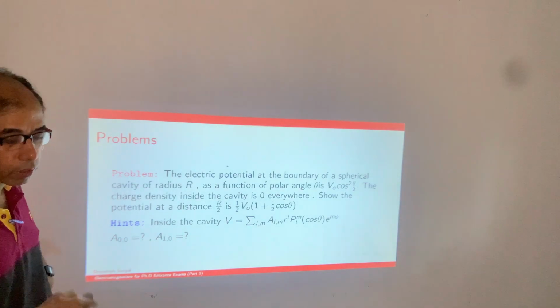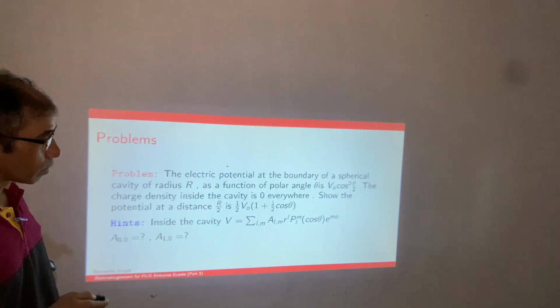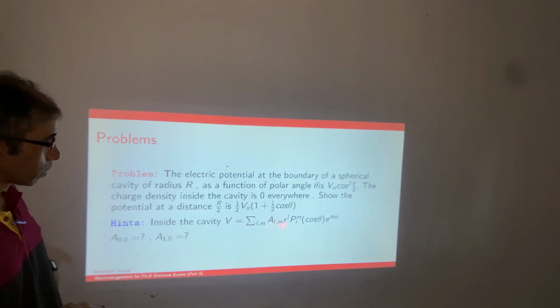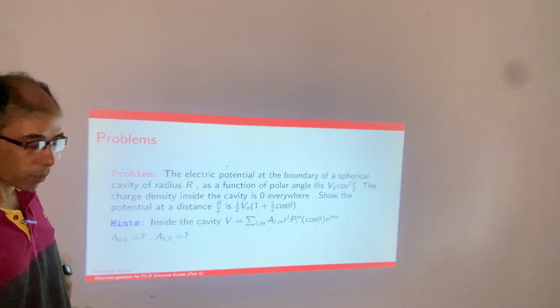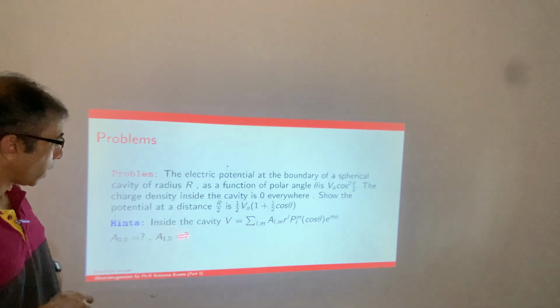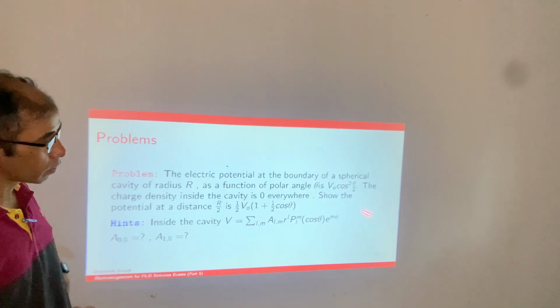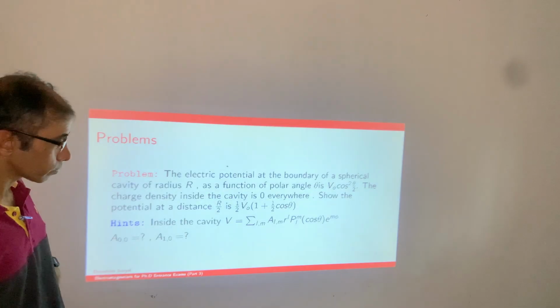All other coefficients will be 0. m will always be 0, because if we take m to be non-zero, then phi dependence will come, and if we take L greater than 1, then we will have other, more complicated terms, which will not satisfy this relation.